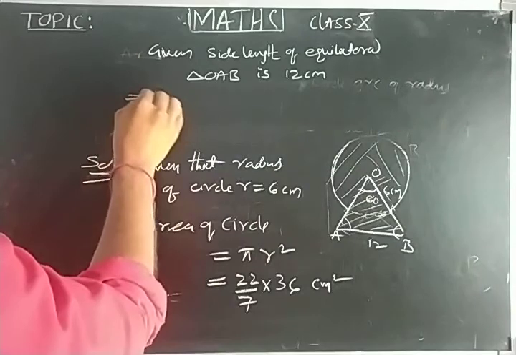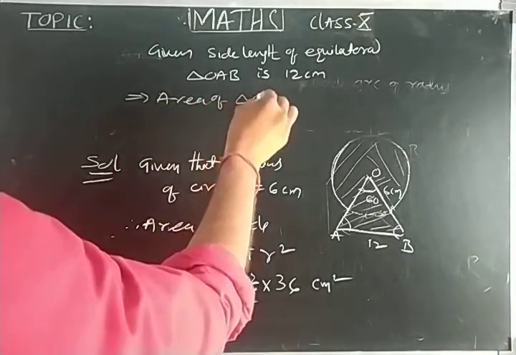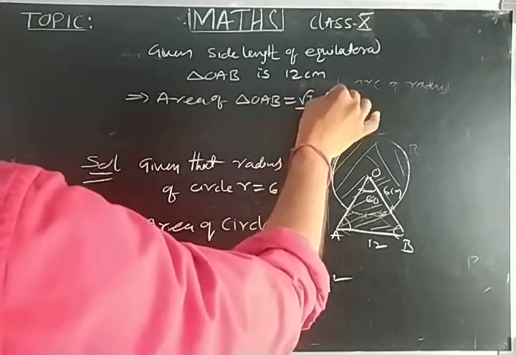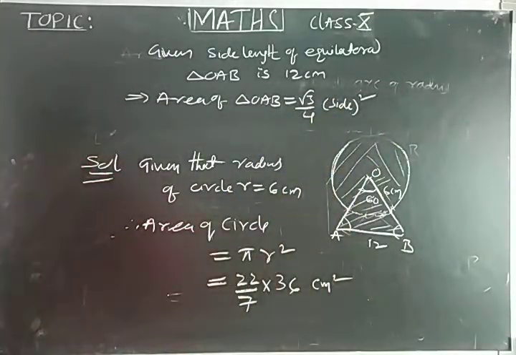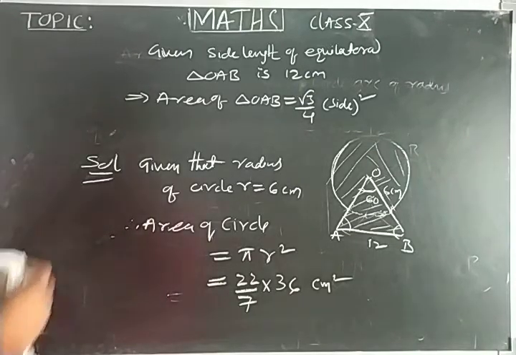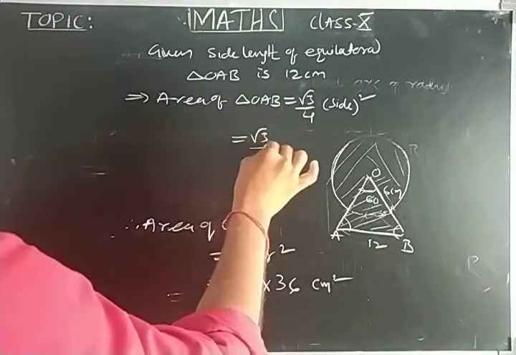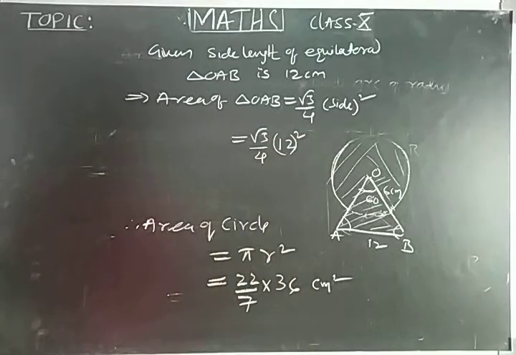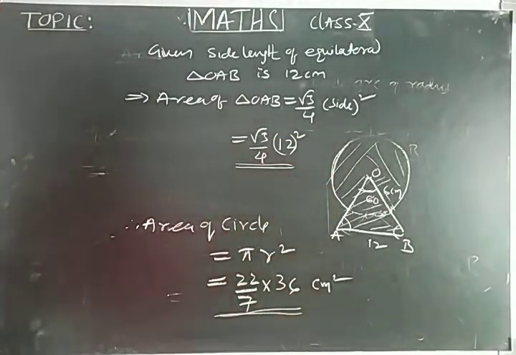Now that implies area of triangle OAB, which is an equilateral triangle, is root 3 by 4 side square, the formula. Now in place of side, substitute 12. So you will get root 3 by 4 into 12 square. So we need this area and we need this area, both areas.